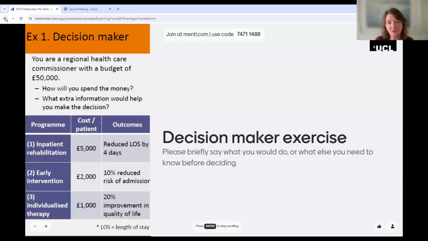And the last one is individualised therapy for something, costing £1,000 per patient with a 20% improvement in quality of life. So have a little think about this while I drink some water and tell me what your thoughts are.